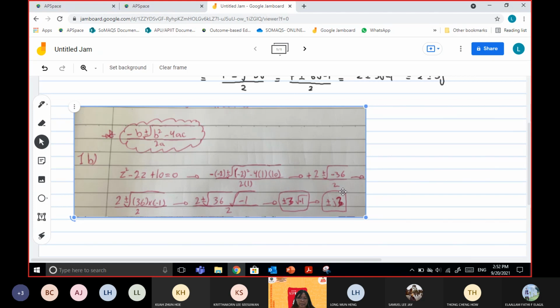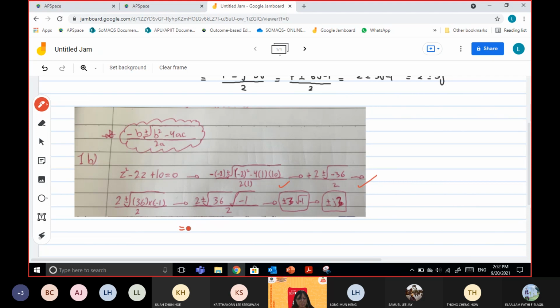Then 2A in the square root is the square root of -36. Yes, correct. Then -1, 6/2. Okay, hold on. 2 plus minus square root of 36.